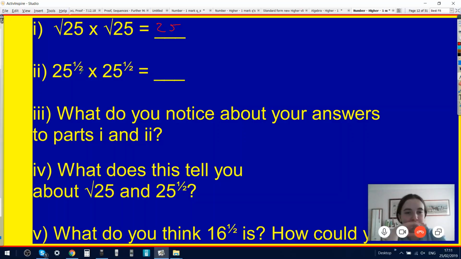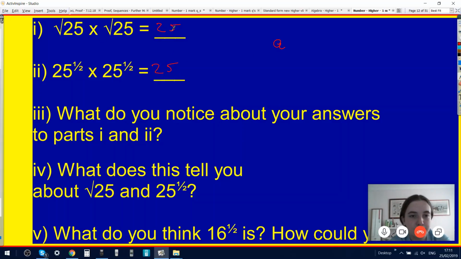And using your index rules, this one? Just 25. Yep. A half plus a half.